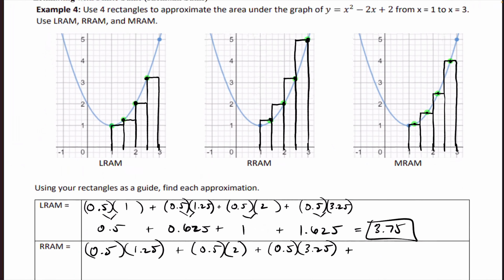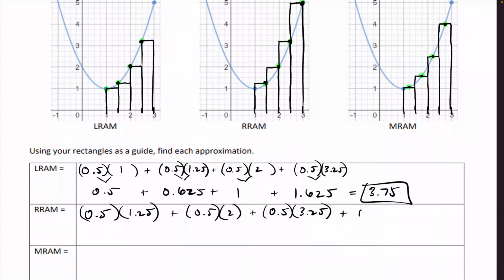And then the last one is 5. Oh, man. Yeah, I think this one's going to be pretty far out. So we already did some of this math. 0.625 plus 1 plus 1.625 plus 2.5. Add all of those up and you get 5.75.